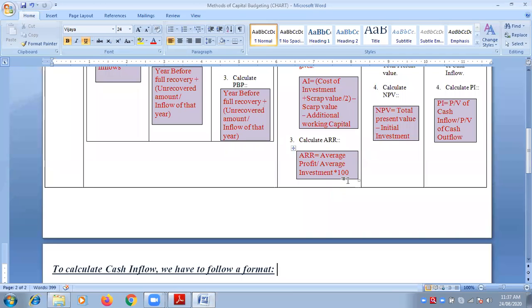Now Anu has asked me a question, what is additional working capital? Suppose after investing in a machine rupees 2 lakhs, you still need amount to be invested in your routine business. Once you have bought a machine of rupees 2 lakhs, is it that you don't have to invest even a penny after investing into a machine?